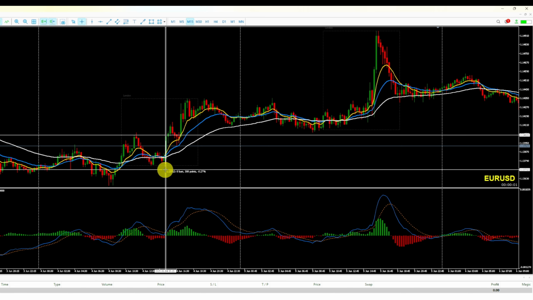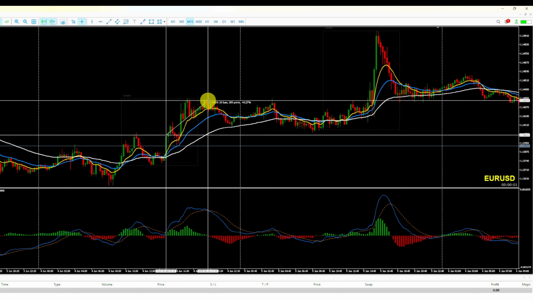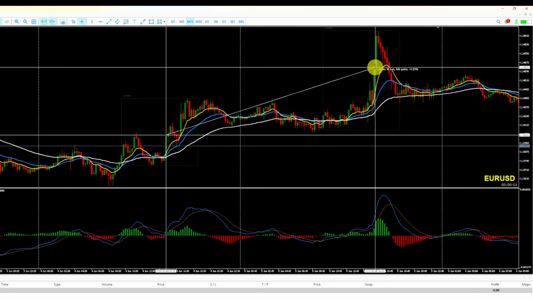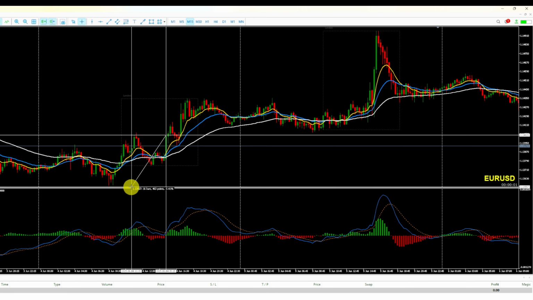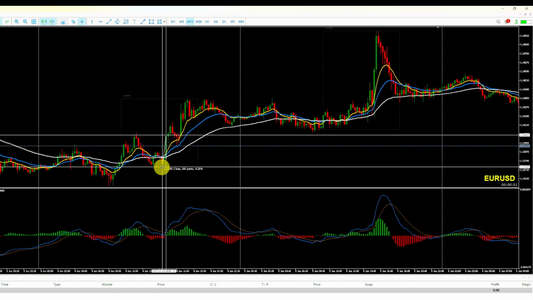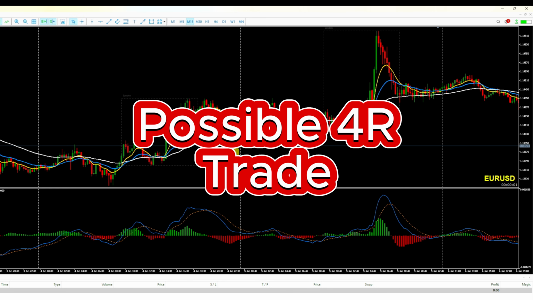That's about a 30 pip stop loss, and we've made 1 to 1 on that day. However, if we held it, around 90 pips would have been the maximum we could have got. So we could have actually got a 4R trade out of this one.